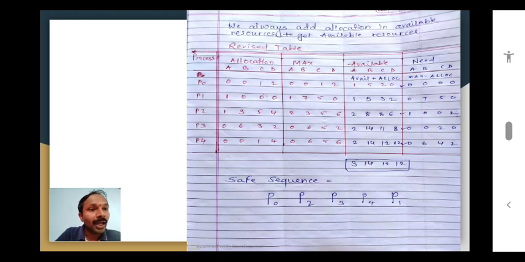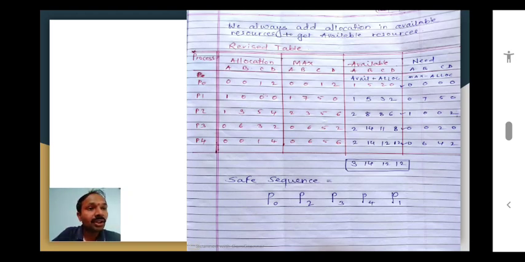Right. Now I am again moving to the next available calculation, that is I am adding 2886 with the P3 allocation, that is 0632, right? So let us add, guys, 2886 with 0632. I am getting the answer 2, 14, 11 and 8, correct? Now I am moving to the next process.